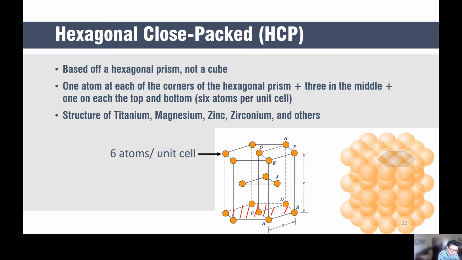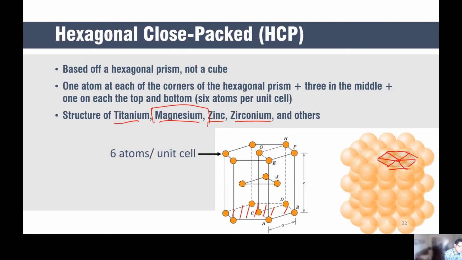Here you can see that this is a hexagon, constructed of 6 different triangles all put together, and they just stack in this A, B, A, B, A, B stacking. This particular crystal structure is also very interesting. Titanium, magnesium, zinc, and zirconium are made of this structure.